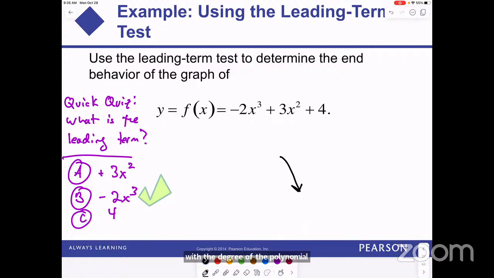Again, the degree is the highest power on any variable in the polynomial, which is 3 in this case. Because the degree is odd, the other side does the opposite. So if we're going down to the right, we're going to go up to the left. This doesn't tell us anything about the middle. As x goes to positive infinity, y tends to negative infinity. As x goes to negative infinity, y tends to positive infinity. This is all that the leading term is telling us.